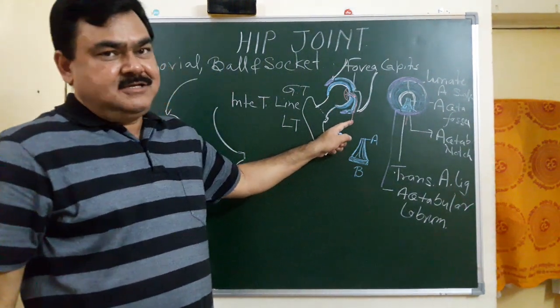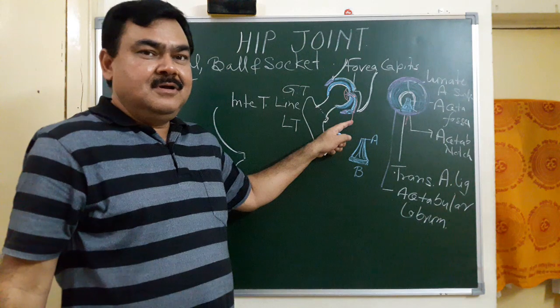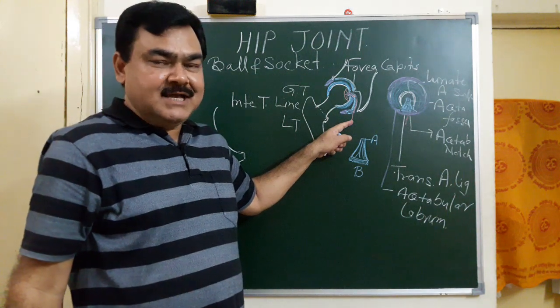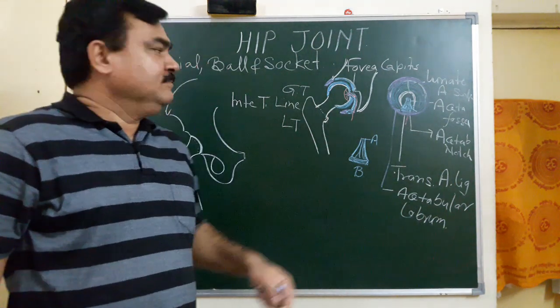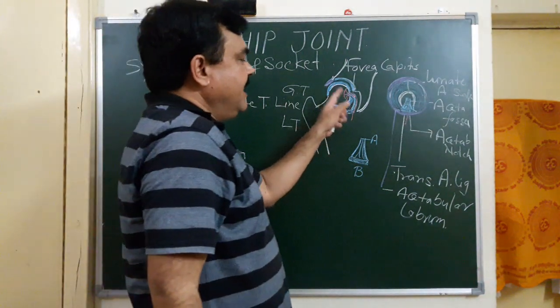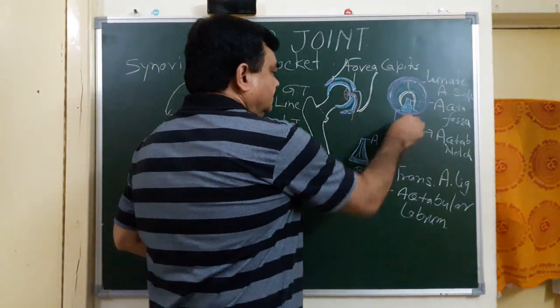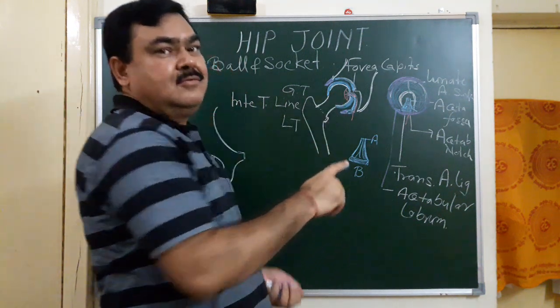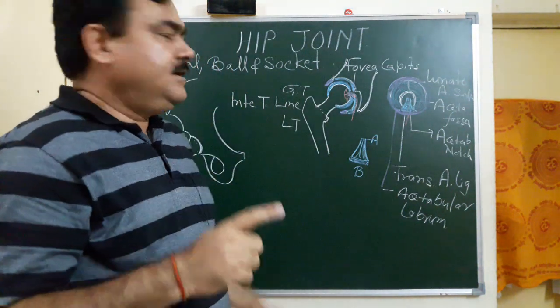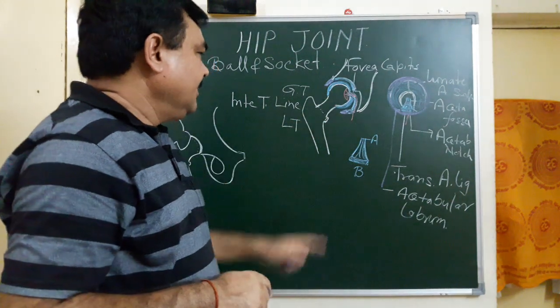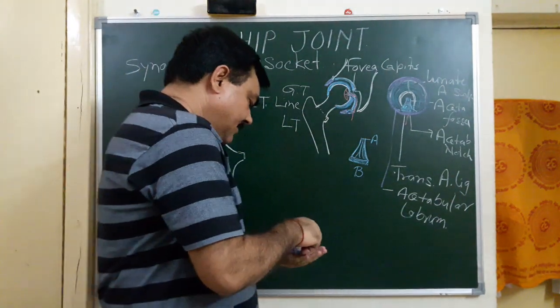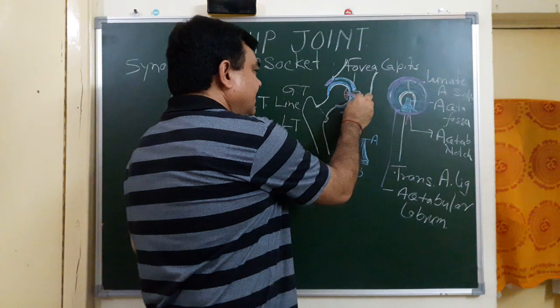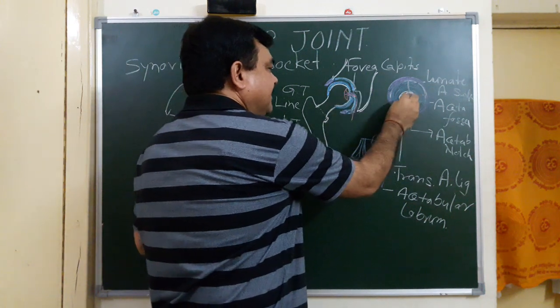This is the acetabular branch of the medial circumflex femoral artery. Another branch arises from the obturator artery, and it also gives supply to this. Here fatty tissue is present in this bursa.